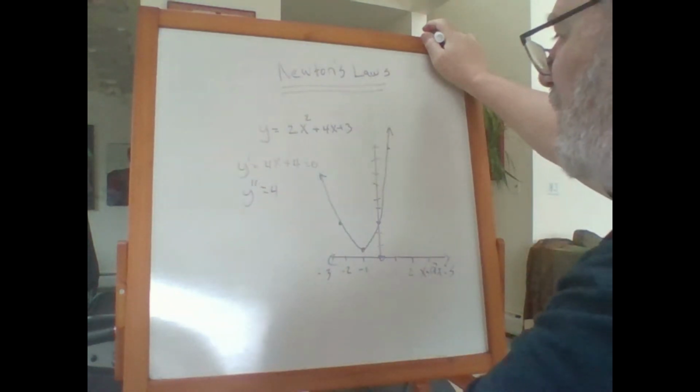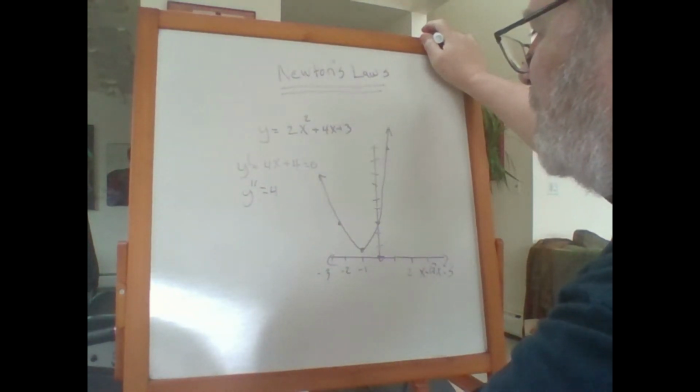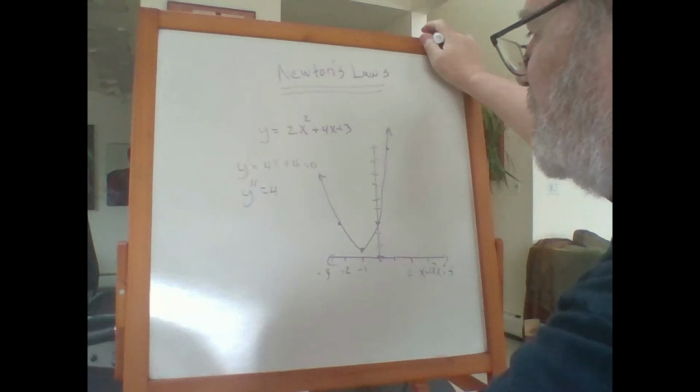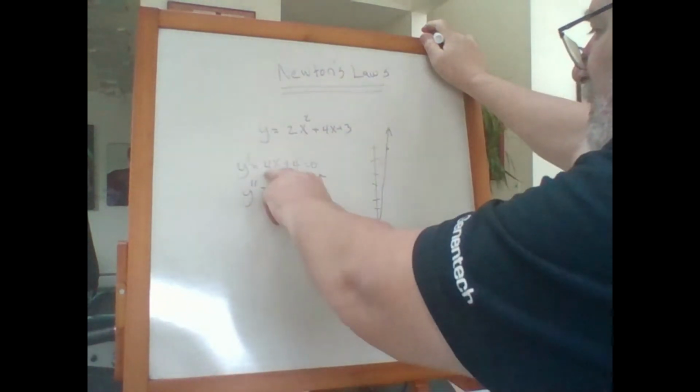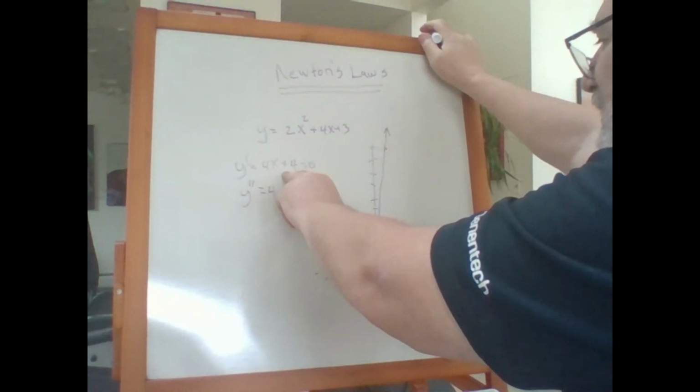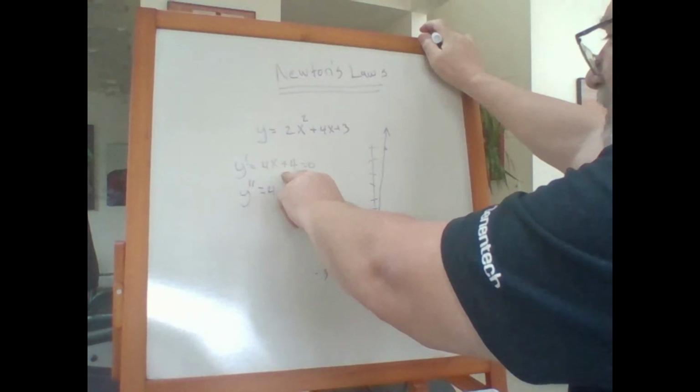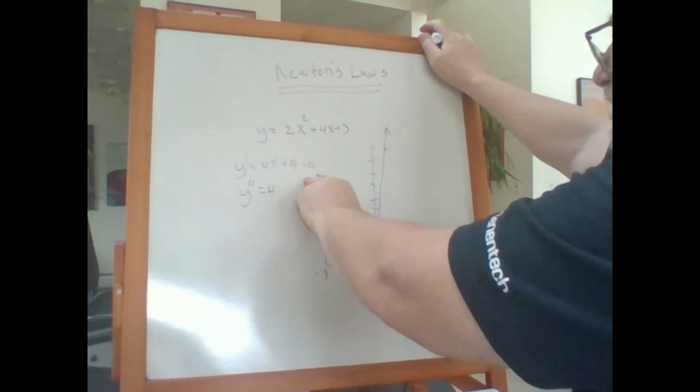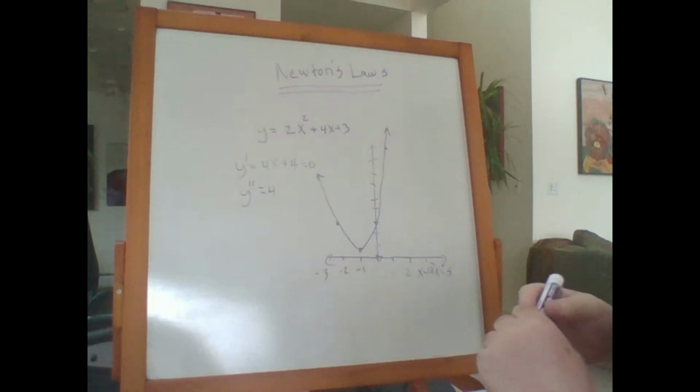The velocity here becomes slower. This is the rate of change of the function at any given point. So that's the slope of the function.